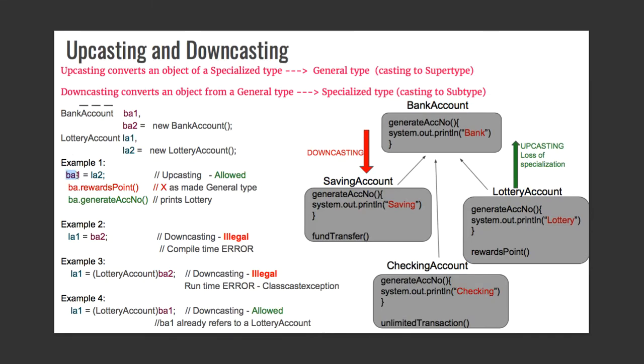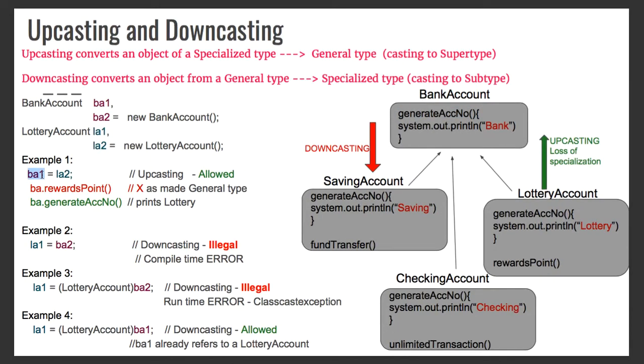You see, BA1 is of bank account type, so it only has access to the generate account number method. It cannot access rewards point. However, BA1 points to a lottery account object, so it will follow the implementation of this method in the lottery account class, even though generate account number is in the bank account class.